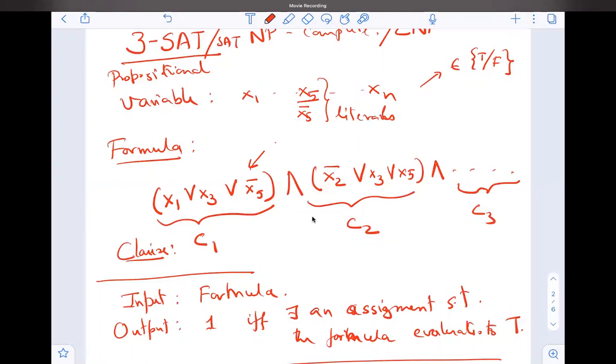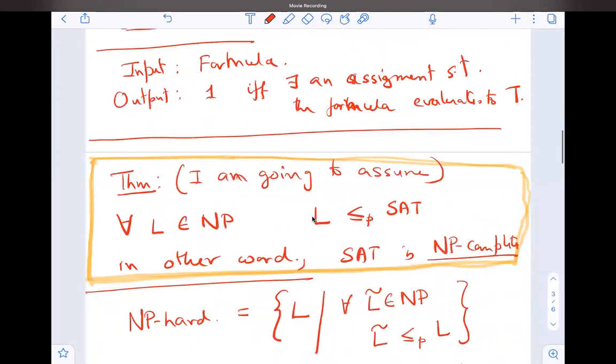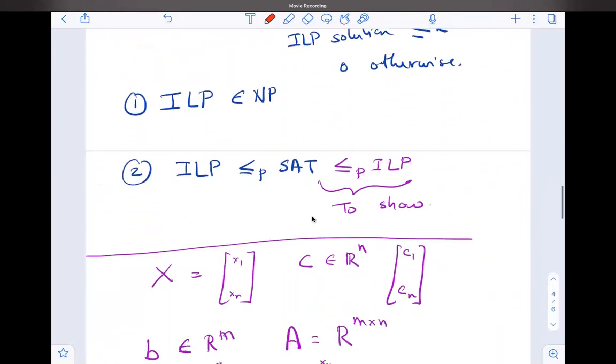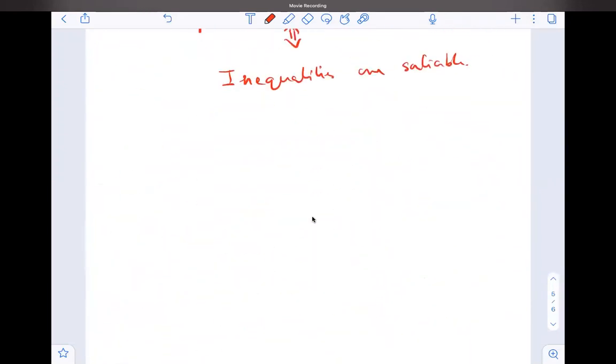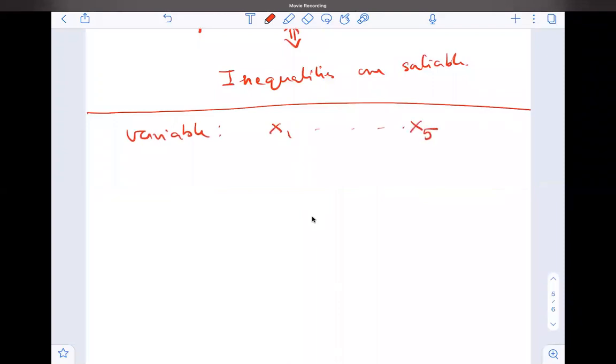Let me try to draw some holes in your argument. Someone here is saying that let the variables be x1 to xn. Okay, fine. Now, what are the inequalities? Let me give you a clause.